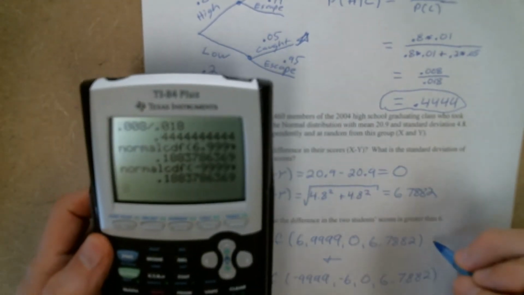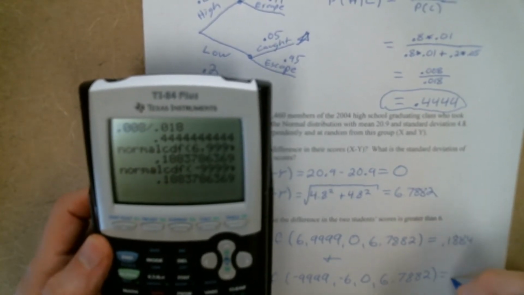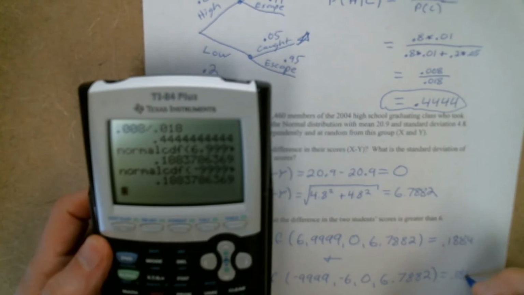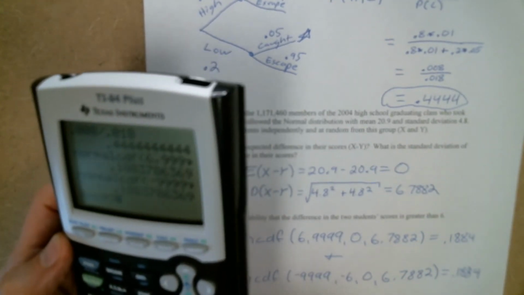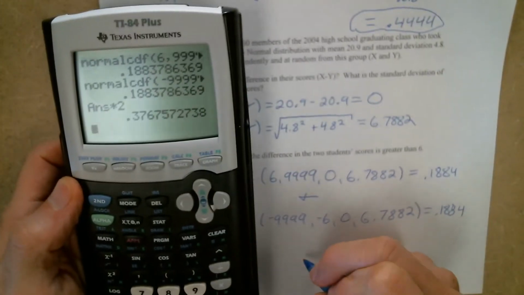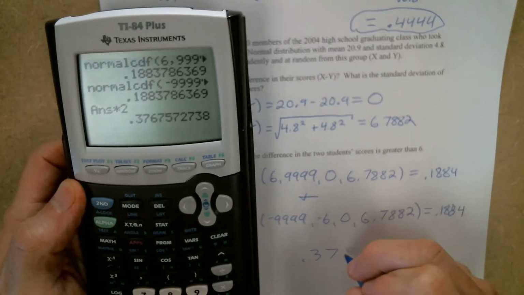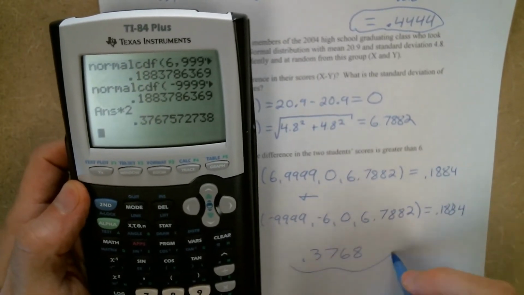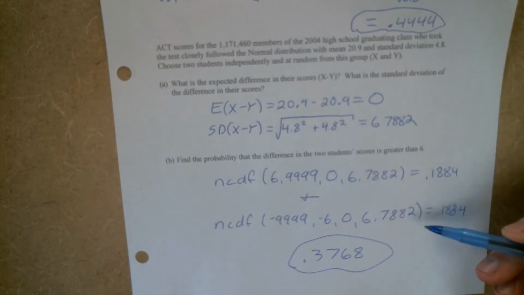So both of these give me basically 0.1884, again, because the curve is symmetric. So I can really just take this answer, double it, and that'll be my final result. All right, so 0.3768 would be the final answer for this question. Okay, but again, combining random variables and then using it inside of an NCDF.